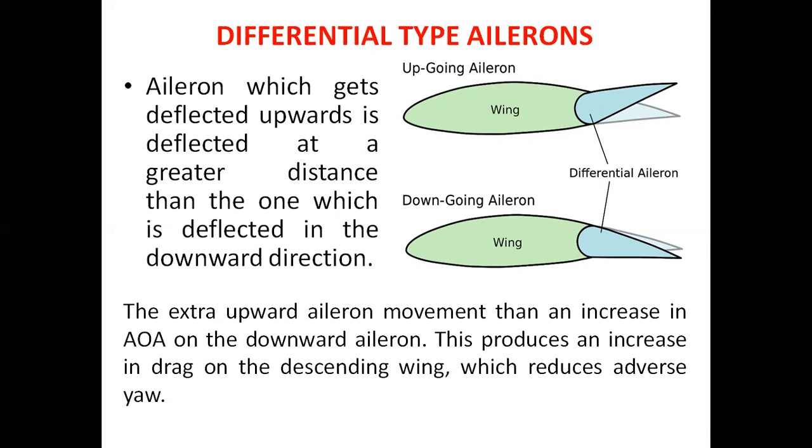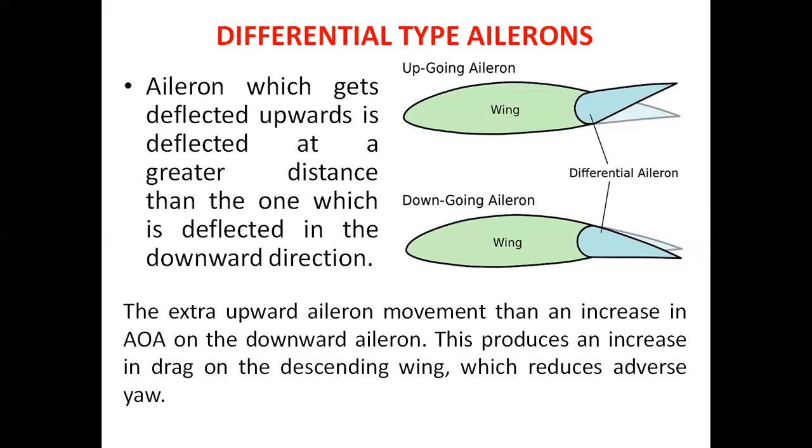When the aileron is getting down, the wing on that side is getting up. Now, if the aileron is deflected more, there must be more drag on the descending wing, and if the opposite side aileron is going less down, it has less drag.